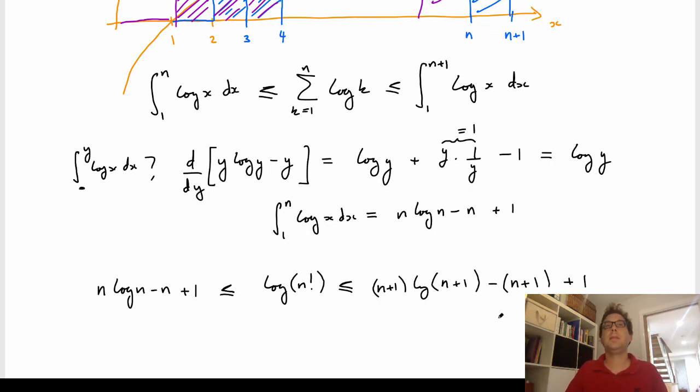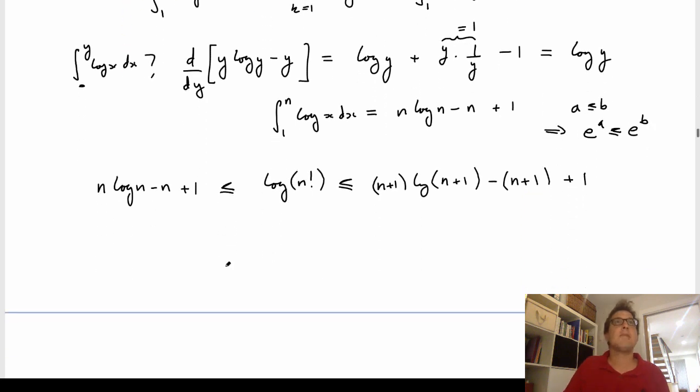Now what we can do is remember that the exponential, we can apply the exponential to each of these. Notice, because the exponential is increasing, if a is less than or equal to b, this implies that e to the a is less than or equal to e to the b. So if I apply exponentials to everything on these sides, it's going to preserve the inequalities.